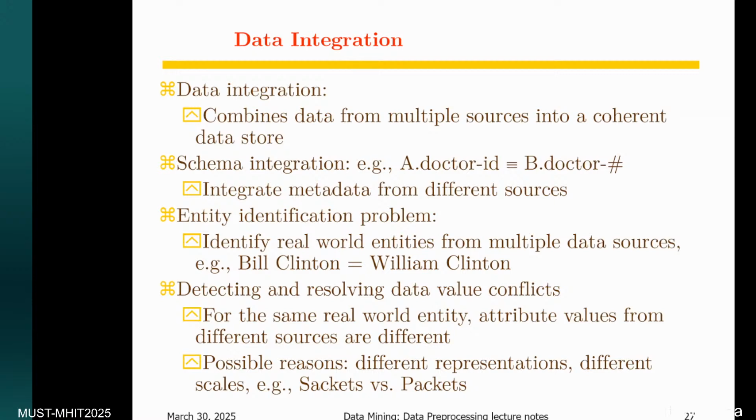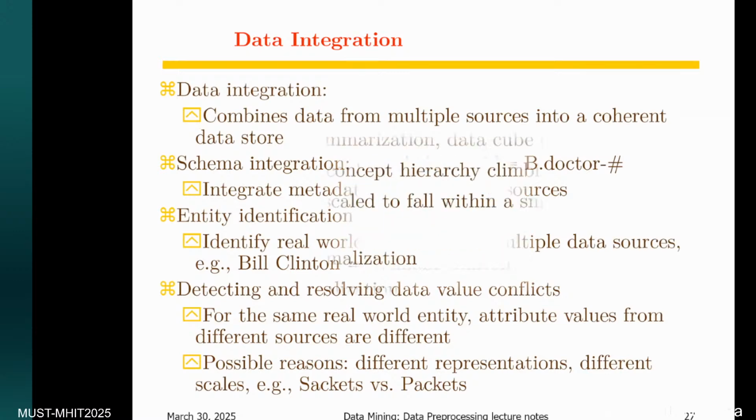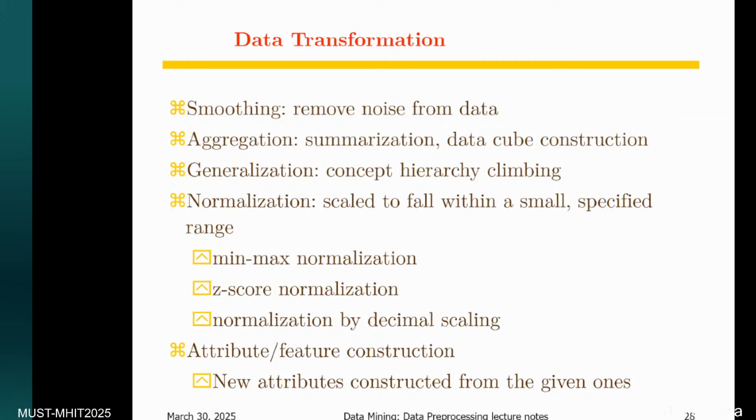By going a little deeper into the data tuples of these two entities, you may realize that this is the same person. And so you want to resolve as much conflict as possible, such that the data that is going to be in our data warehouse is data that you can trust.